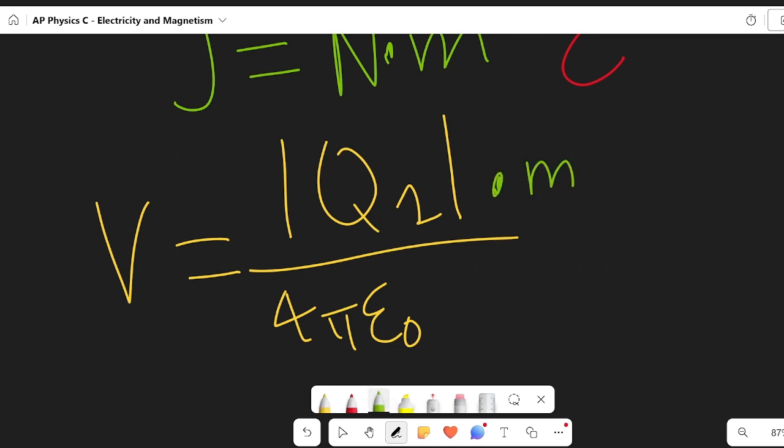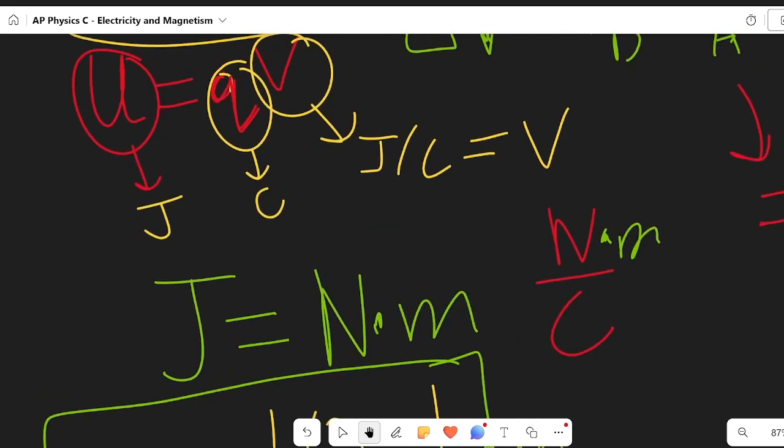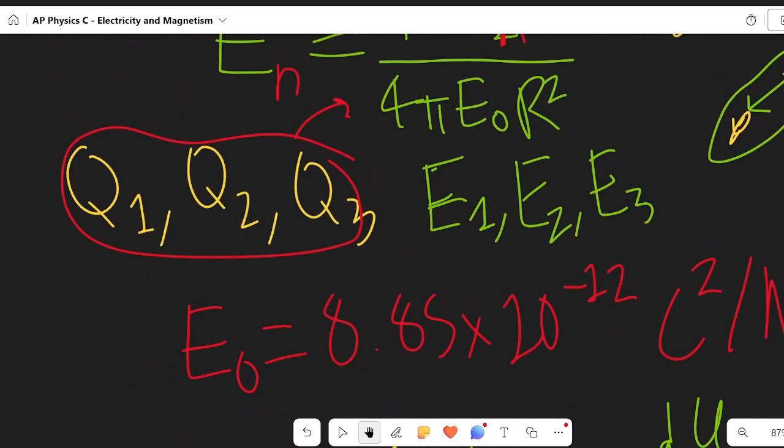We need a meter on the top, but the way we can do that is actually by dividing a meter in the bottom. So this will lead us to a formula where we just have a single r this time, not an r squared. And this will be our formula for potential at a point.